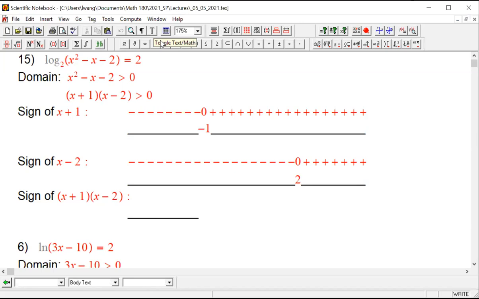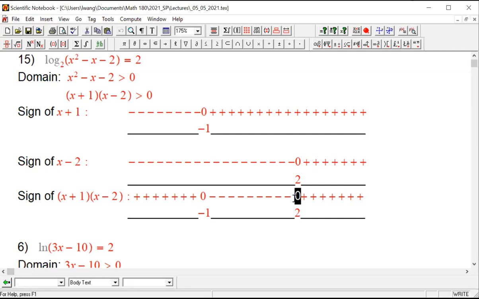The number line, -1. The number line continues. 2. Okay, so now we see that we're going to have a positive sign, 0, negative sign, 0, negative sign here, 0, positive sign.